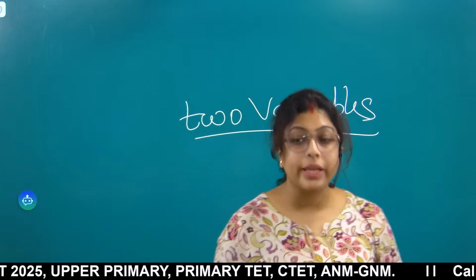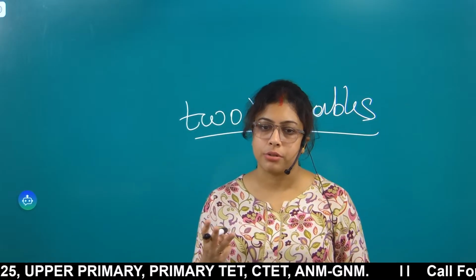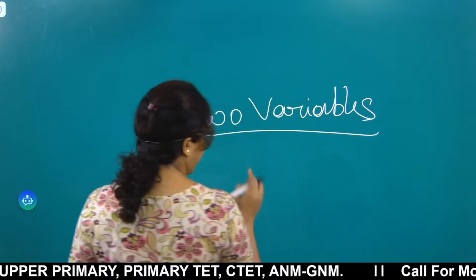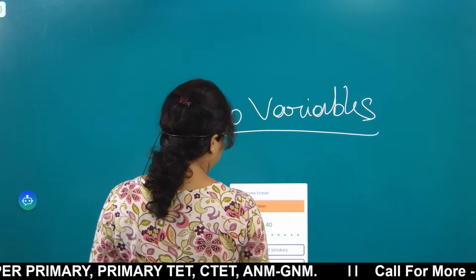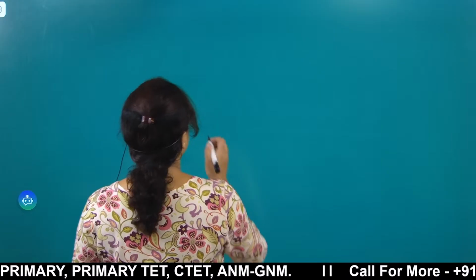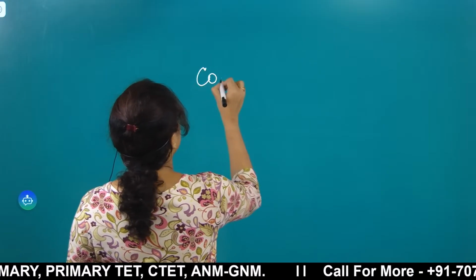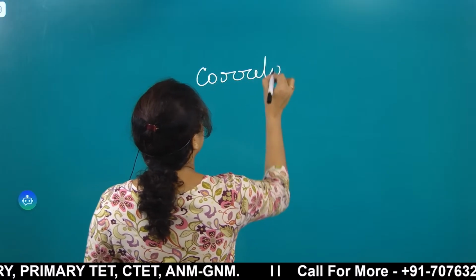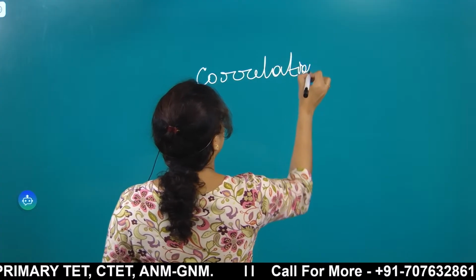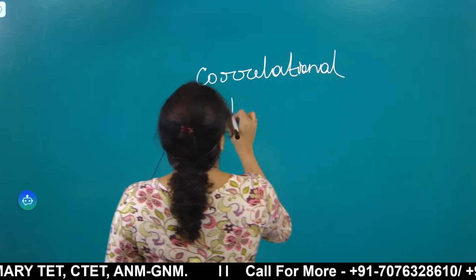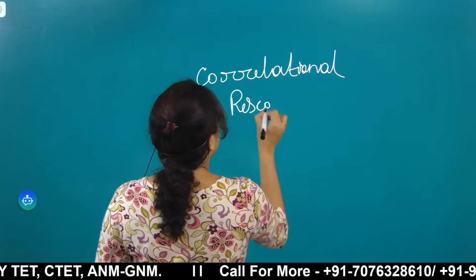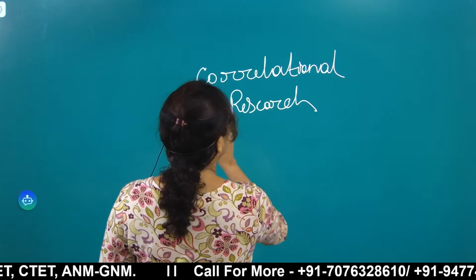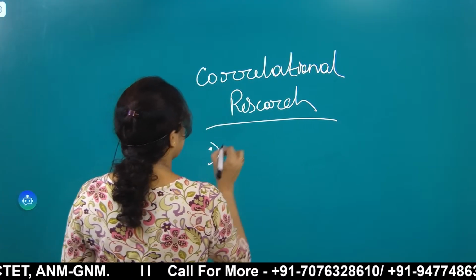Right. So there are three types of correlations. Number one is positive correlation.